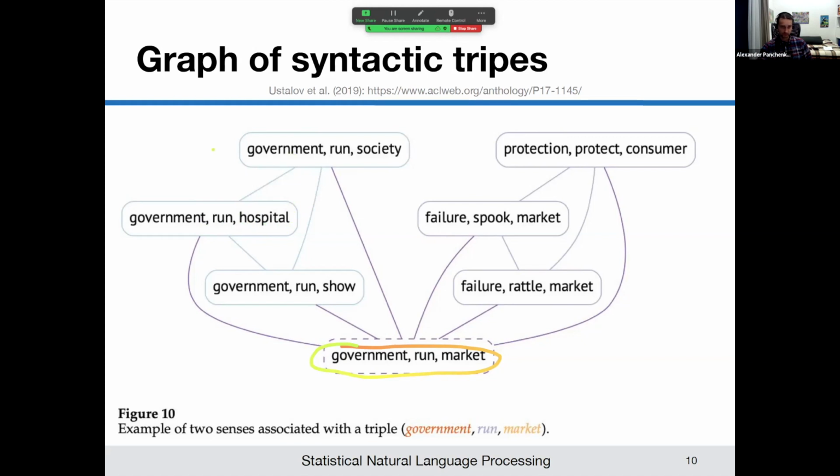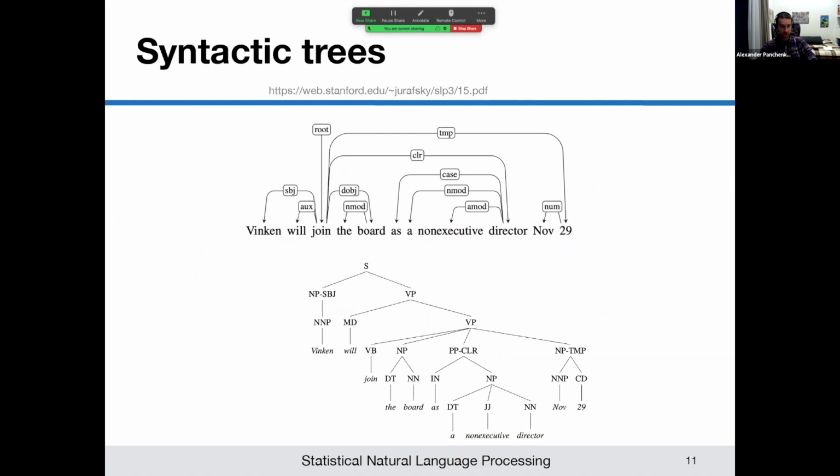So you can build a graph out of it and derive some useful structures which correspond to semantic frames. And the list would not be complete without mentioning the more common syntactic trees.